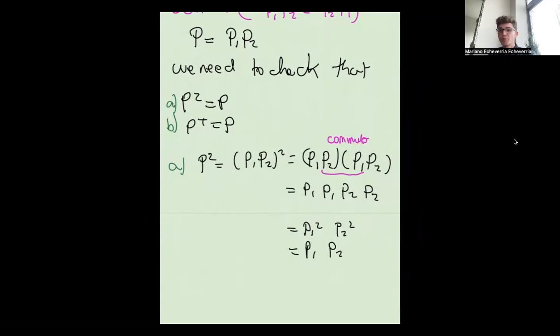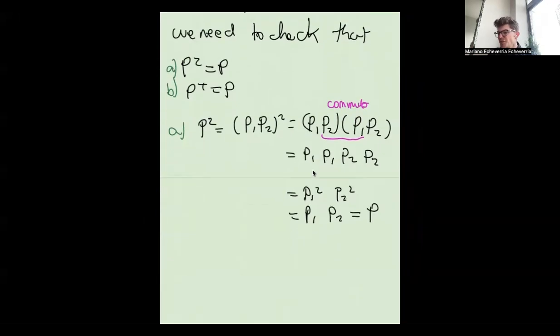So P squared equals P. Is that making sense? Is that okay?